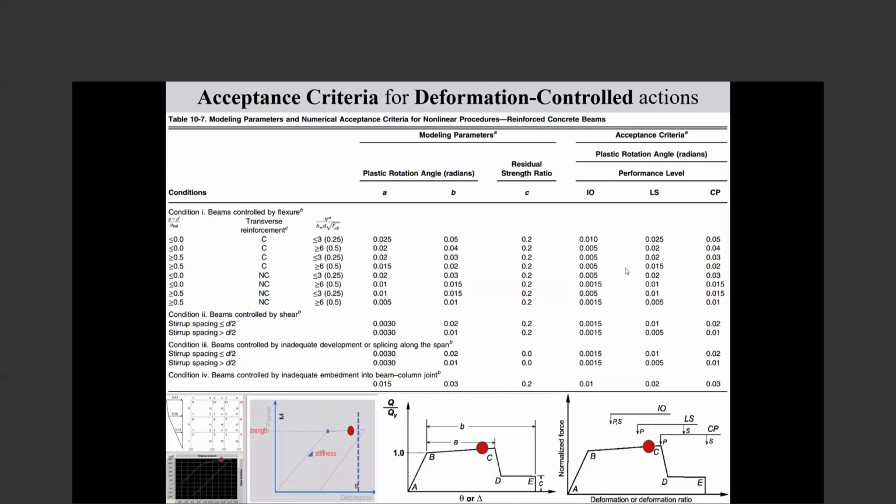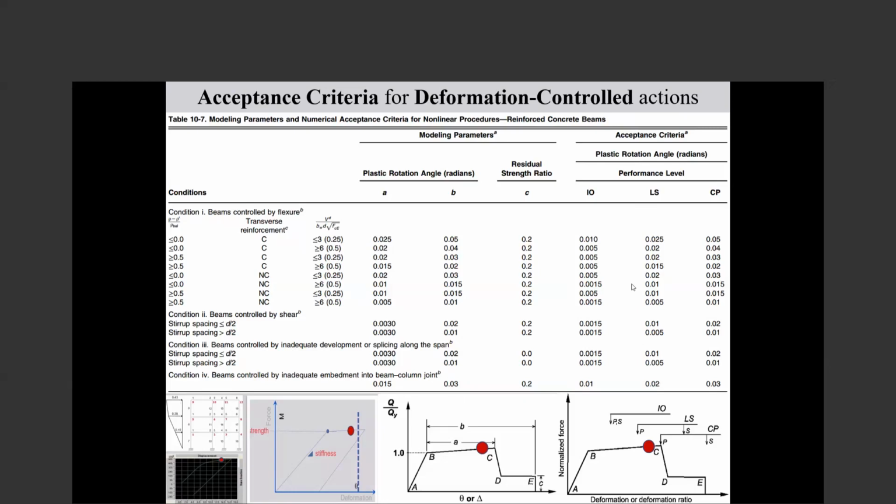If you use some of the commercial software, some of them have modules to do section analysis.